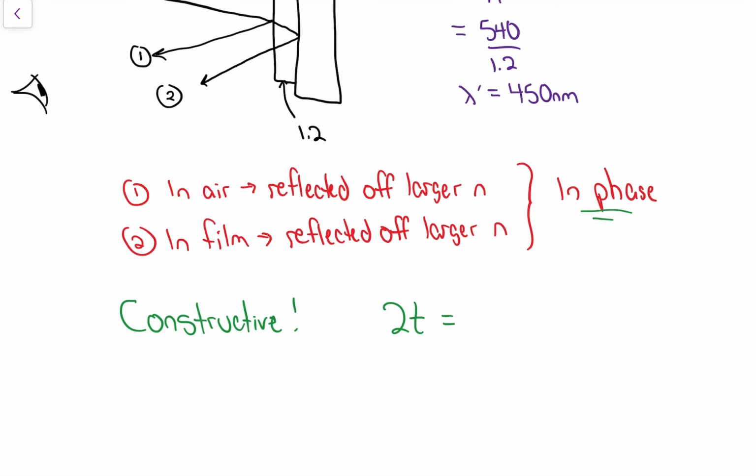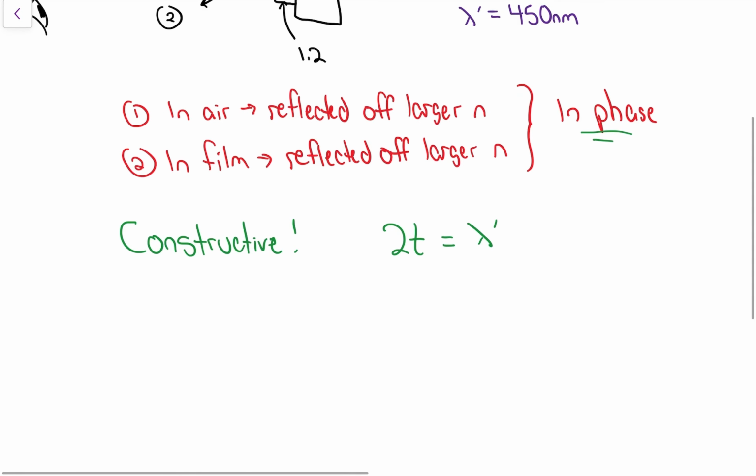We want them to be in phase. They're already kind of in phase, so that extra distance that bundle 2 travels has to be a multiple of the wavelength. It could be lambda. The case we're going to work through is 2t must be 1 lambda prime. It could work out that it's 2 lambda prime or 3 lambda prime, but the thin film interference tapers off dramatically, so the only thickness we worry about is the full lambda case.